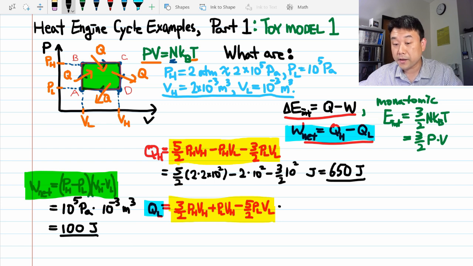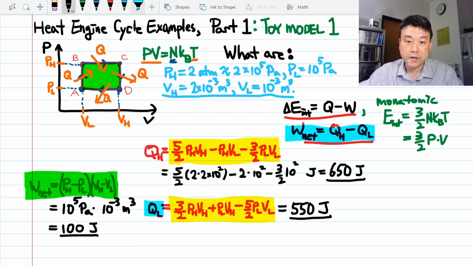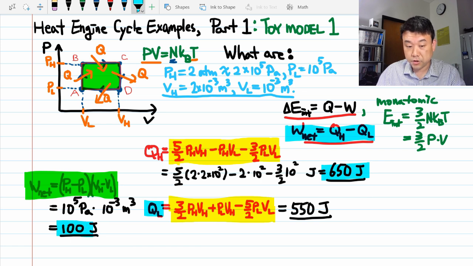Here QL is going to be 550 joules. Look at these numbers: in this heat engine, when 650 joules of heat energy comes in, only 100 joules is turned into mechanical work. A vast majority of the input energy is expelled as what we are later going to call waste heat.